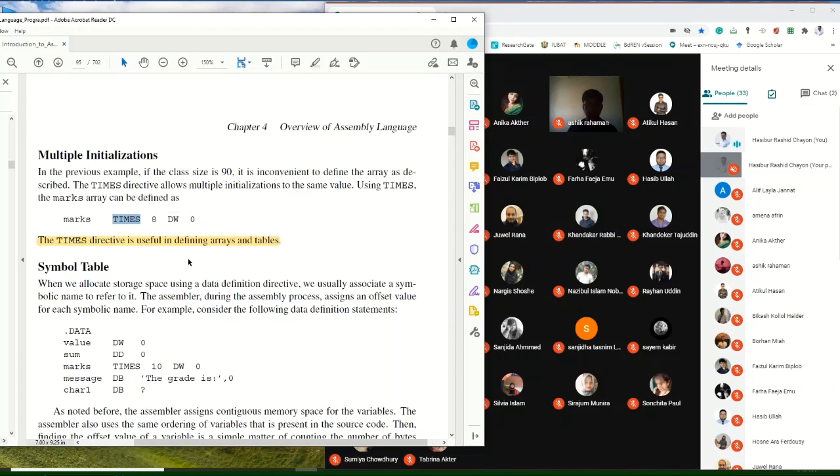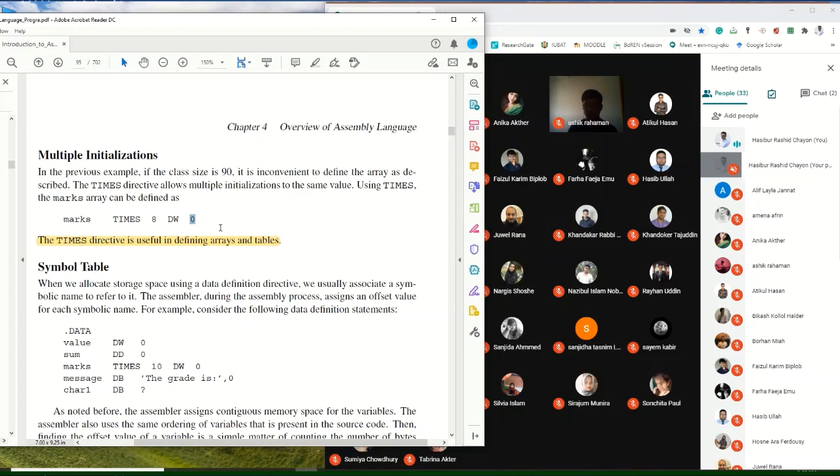So how do we write it? Name of the array, then TIMES, then how many elements in that array, which type of data each element is, and the initialization of the first element.